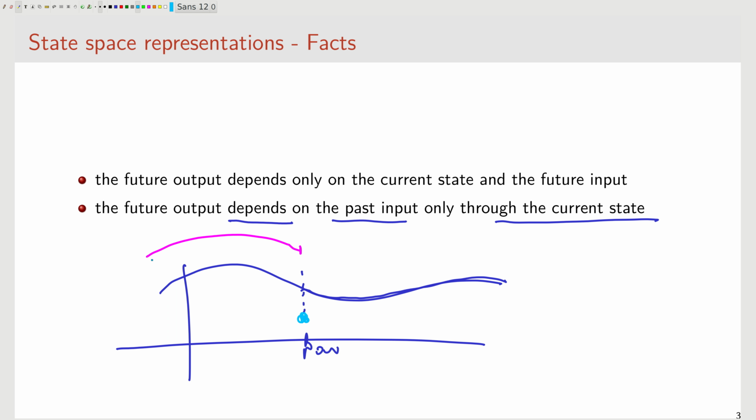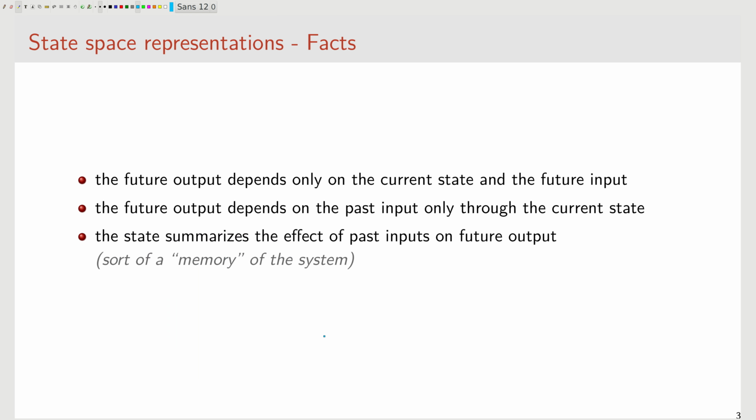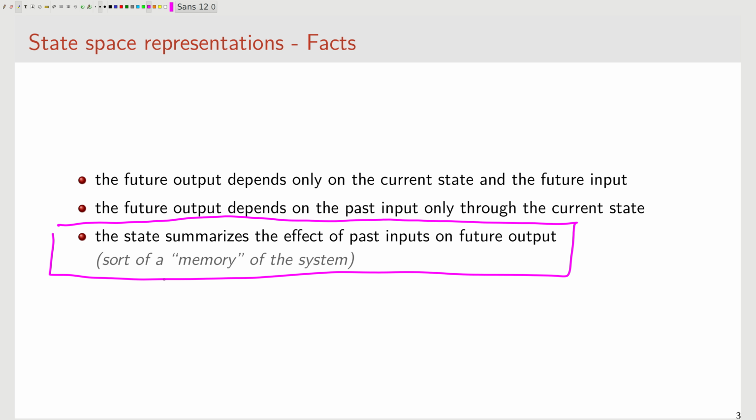So basically, the state right now condenses all the information about the past input. Last thing, which is basically a consequence: the state acts as a memory for the system. It summarizes the effects of the past inputs on the future output.